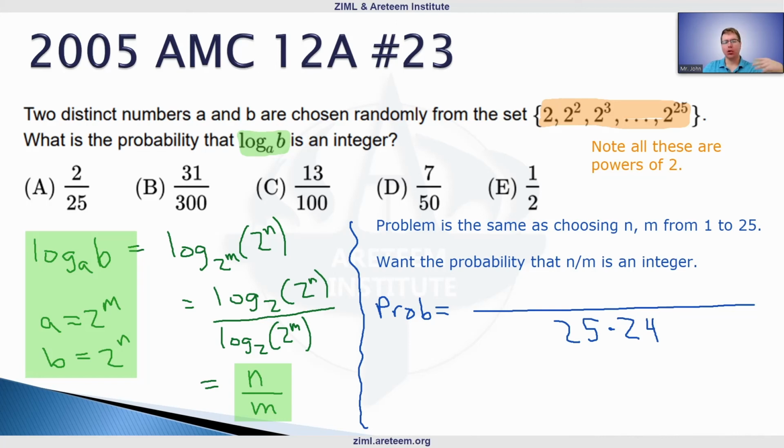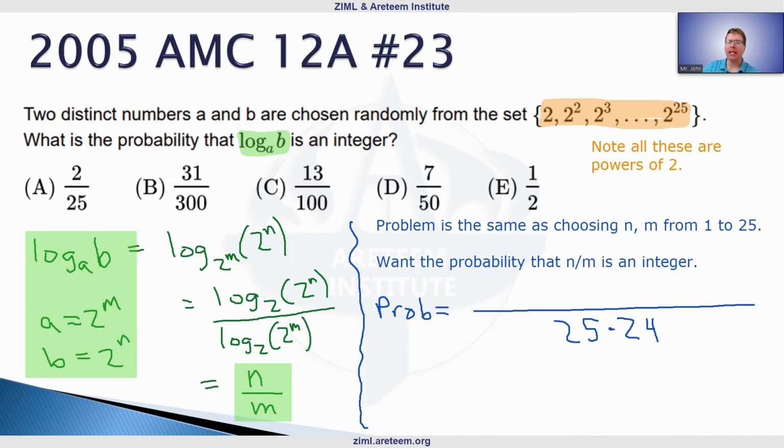Now, the numerator, nothing special, but still a little bit messy. So what do we have there? Well, we have cases we can deal with. We want n to be a multiple of m, or m to be a factor of n. Probably easier to do the multiple route. Think about what m could be.